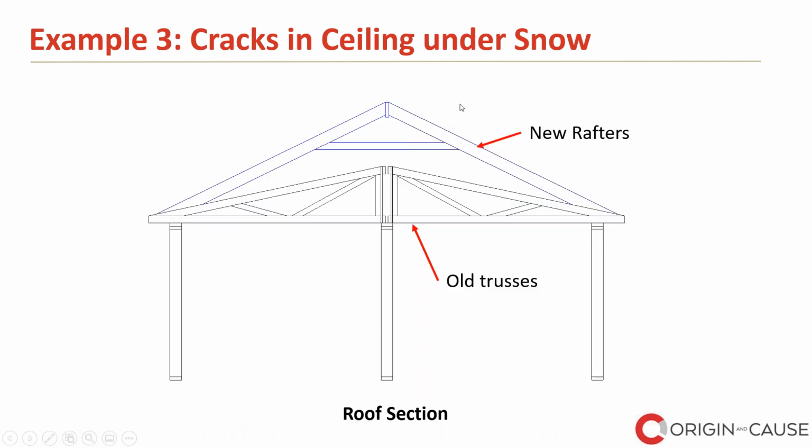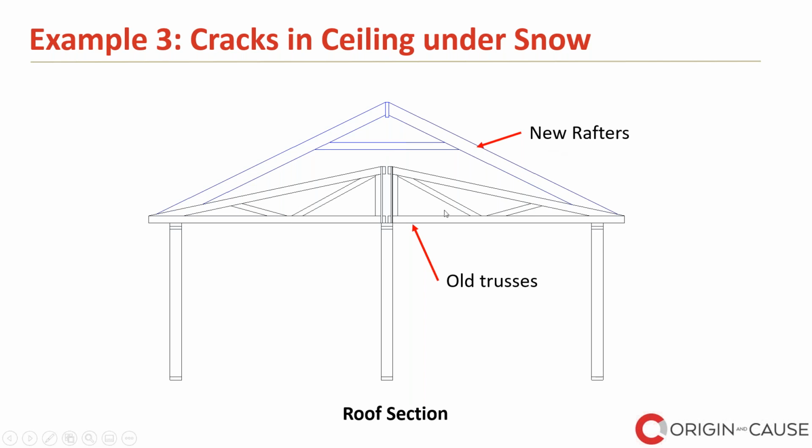So in these examples, we saw the cracks in the ceilings. We inspected the attic, and we noticed that the original construction had trusses, two separate trusses on either side of the wall, and the owner added new rafters and collar ties. So it looks like a proper structure, as I explained, like rafters and collar tie.